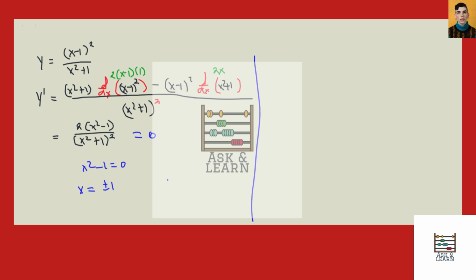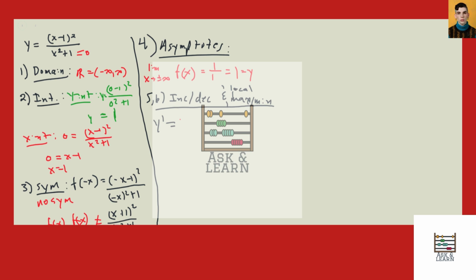So we know possible maxes and mins at x equal to plus or minus 1. All right, so let's go ahead and write that down now. So y prime is 2 times x squared minus 1 all over x squared plus 1 squared.